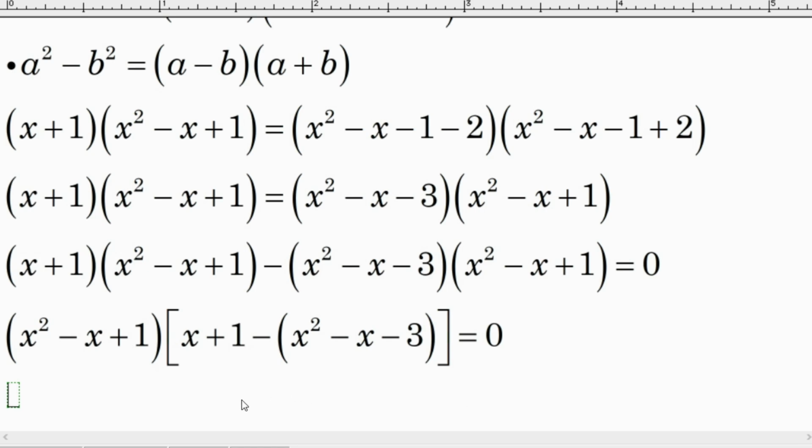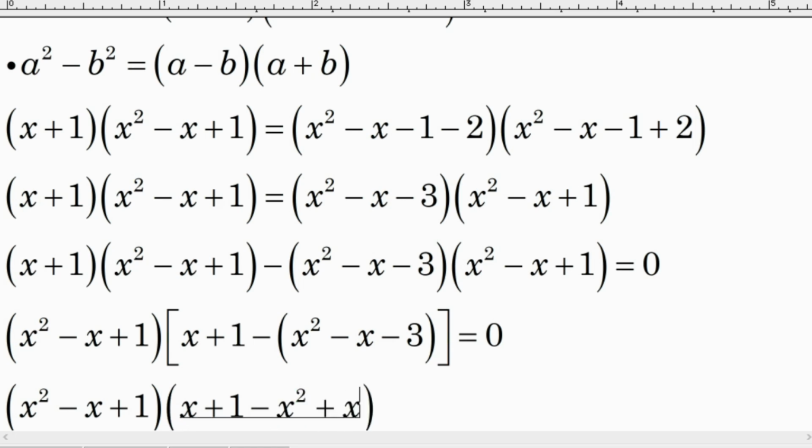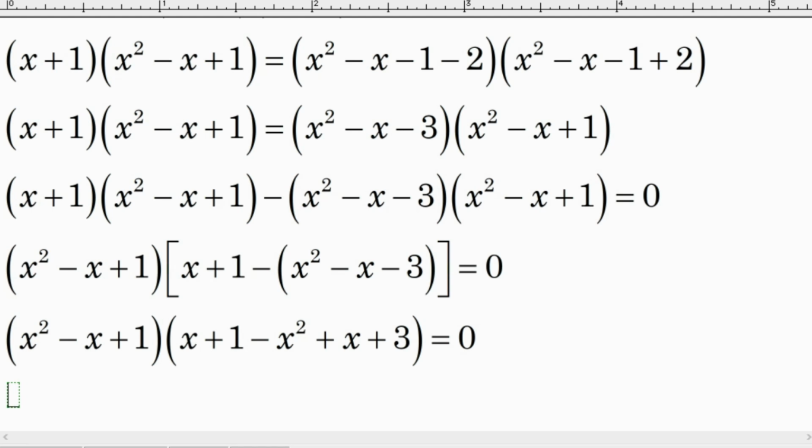All right, so now we have these factors: x plus 1, and then minus x squared plus x plus 3, equal to 0.